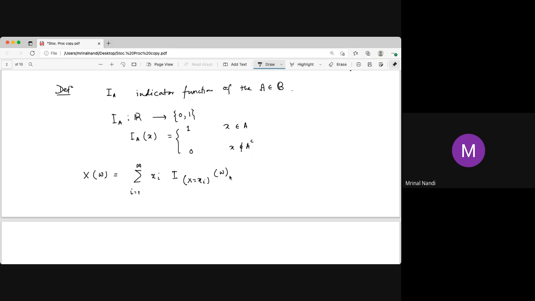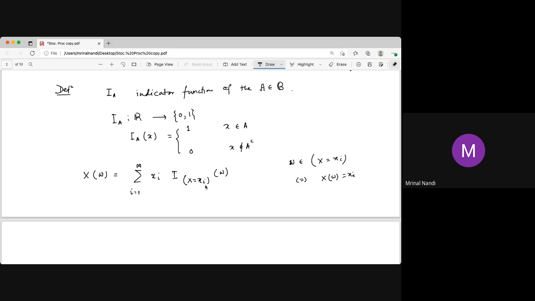Why is this so? It is clear, because X equal to x_i is a set. What is X equal to x_i? That is the set of all omega such that X of omega equals x_i. So if omega belongs to this set, that is, X of omega equals x_i, then the indicator is just 1, and otherwise the value is 0.